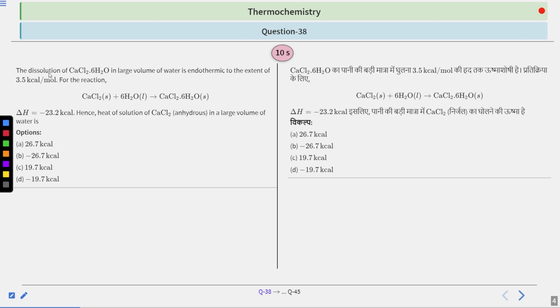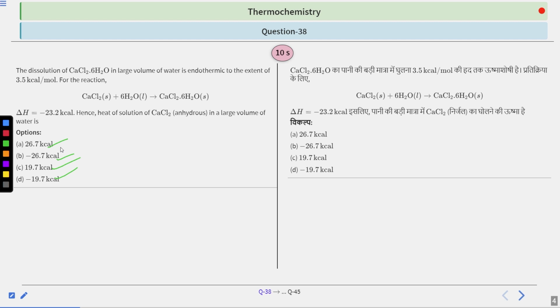The delta H for this reaction is -23.2 kilocalorie. Hence, the heat of solution of CaCl2 in a large volume of water is. Your options are A 26.7 kilocalorie, B minus 26.7 kilocalorie, C 19.7 kilocalorie, and D minus 19.7 kilocalorie.